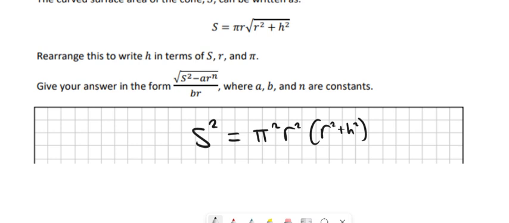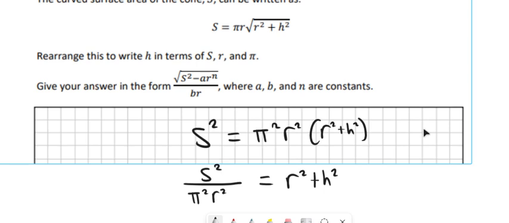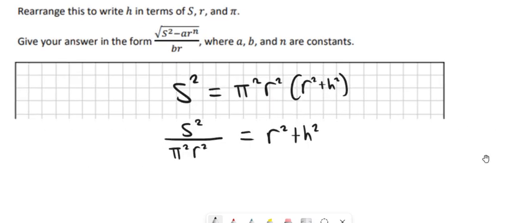Then let's bring across the pi squared and the r squared and divide them. We're trying to isolate h. So s squared over pi squared r squared is equal to r squared plus h squared. Now we need to fit it into the way they want it.